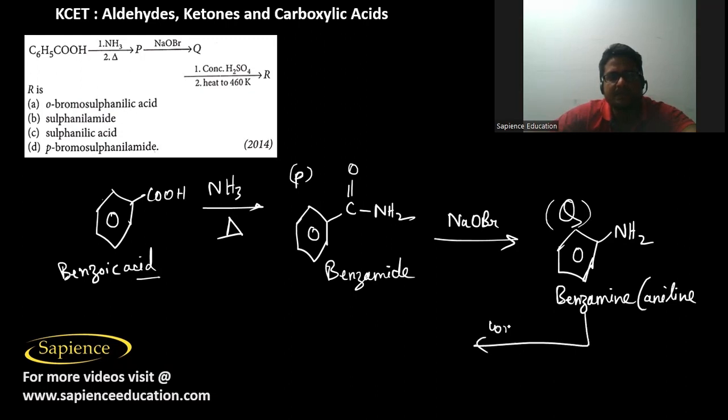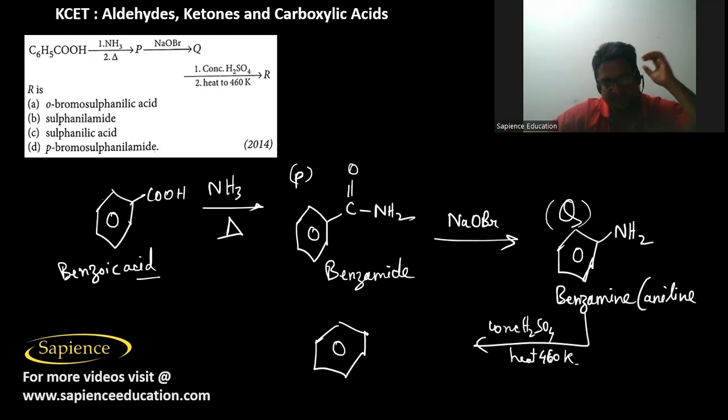And when it is heated with concentrated H2SO4 at 460 Kelvin, it will produce sulfanilic acid, which means here we have the NH2 group and here we have SO3H.